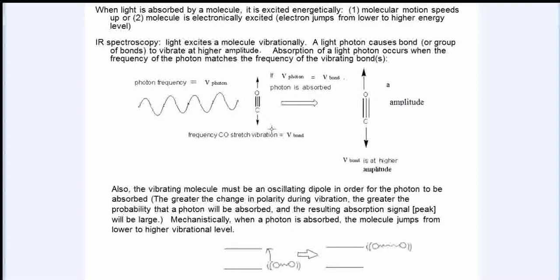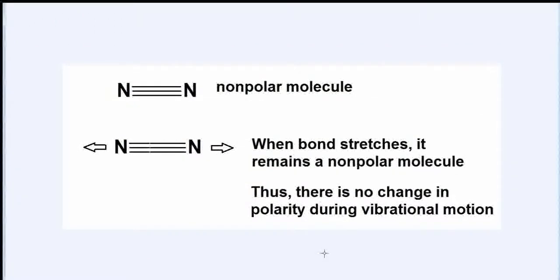Now, let's contrast this with another molecule, a molecule of nitrogen, which is N2. The nitrogen molecule has two nitrogens that are triply bonded to each other. The molecule is a non-polar molecule. There's no positive, negative charges developed. During the course of its vibration, which also involves a lengthening, shortening, lengthening, shortening, it remains a non-polar molecule.